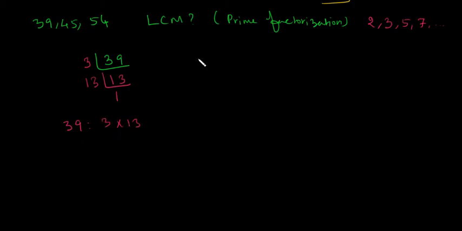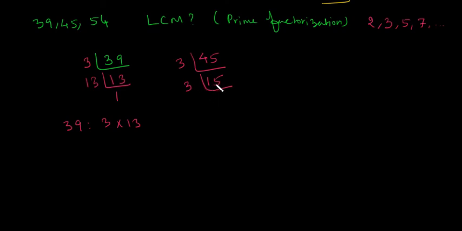And 45, what about 45? Can we divide by 2? No, it's not possible. Can we divide by 3? Yes. So you'll have 15. I'm going to divide again by 3.